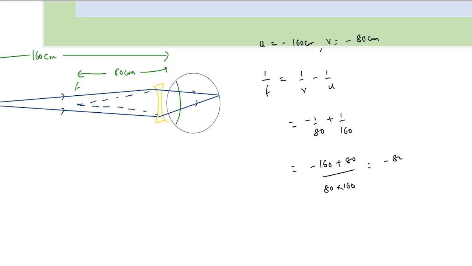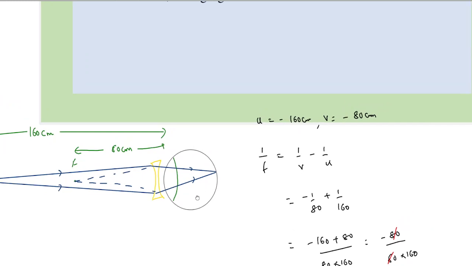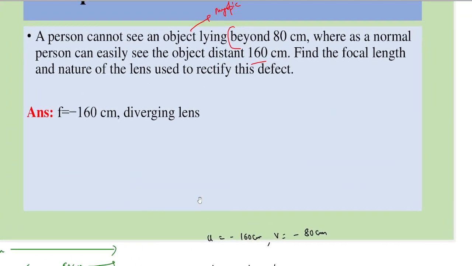This is minus 80 over 80 into 160, so 80 gets cancelled. Therefore, the focal length would be, taking the reciprocal, minus 160 centimeter. As seen here, the focal length is negative. It means the lens required here is a diverging lens.